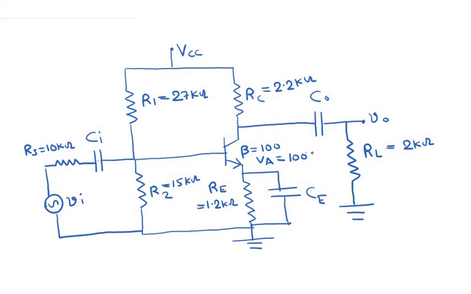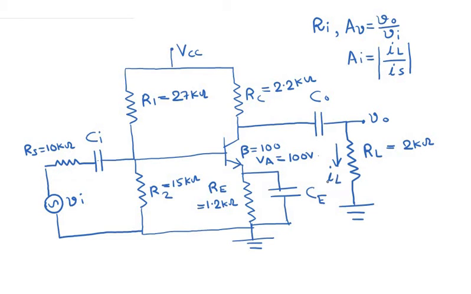So this is the information that we are provided with, and we are asked to calculate the input resistance Ri of this transistor amplifier, the voltage gain AV equals V0 divided by Vi, and the current gain AI equals mod of IL divided by IS, where IL is the current flowing through this load resistor RL and IS is the AC current which is provided by this input voltage source Vi.